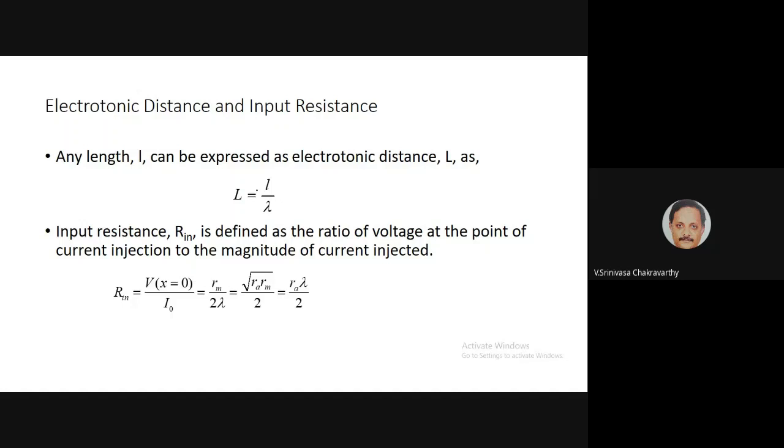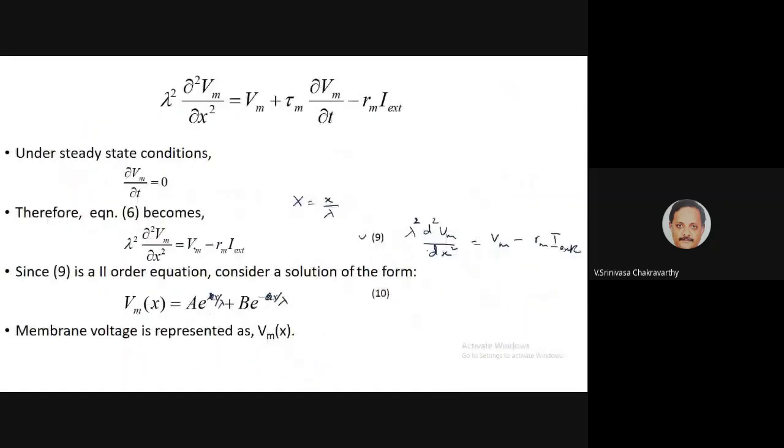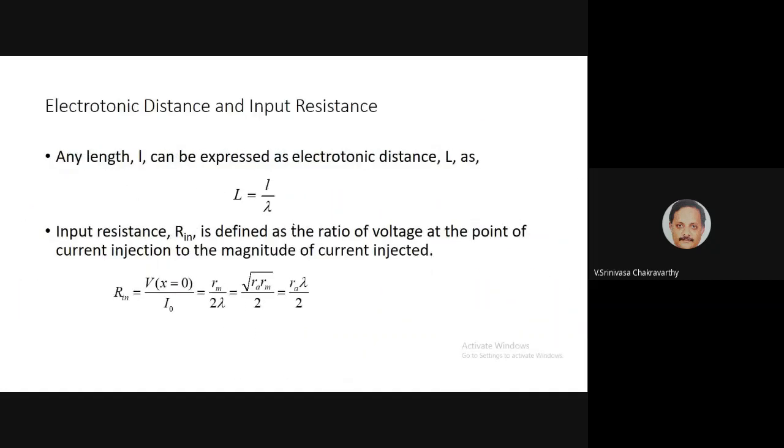This kind of substitution is natural because in the equation itself, if I assume a new variable, capital X, which is equal to small x by lambda, I get a dimensionless distance or length variable. If I plug it in here, I can write this equation in terms of this capital X, and lambda goes away. So that's very convenient.